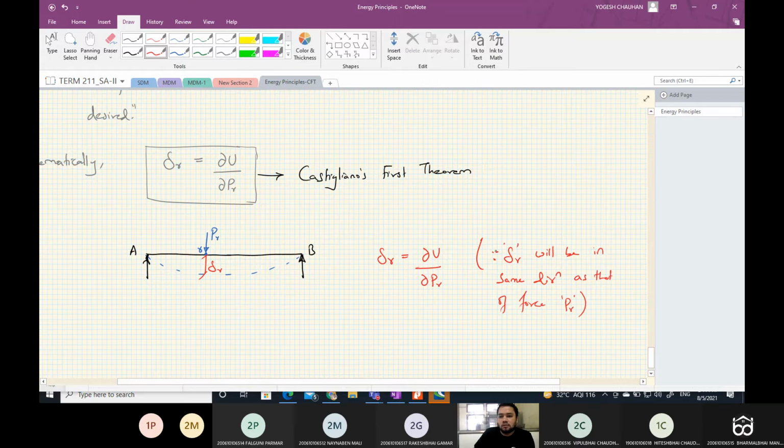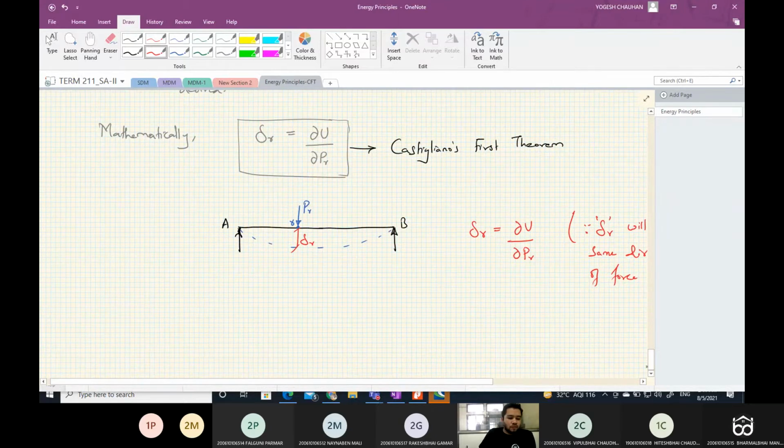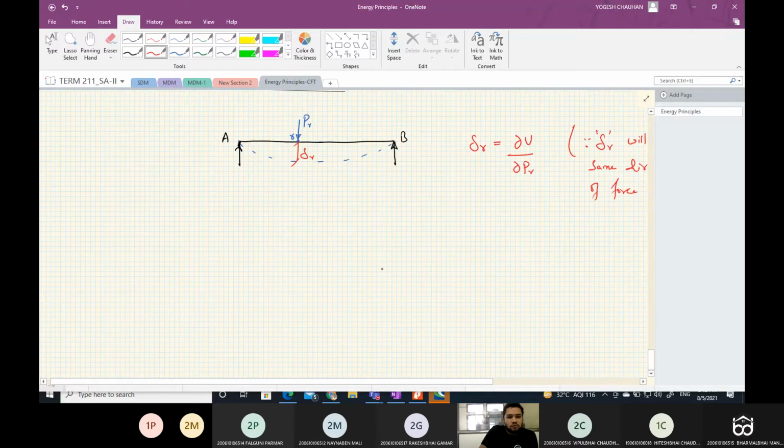So here the force PR is acting in downward direction, so deflection will also be in downward direction. So we can write from CFT, that is Castigliano's first theorem, delta R is equal to del U by del PR.